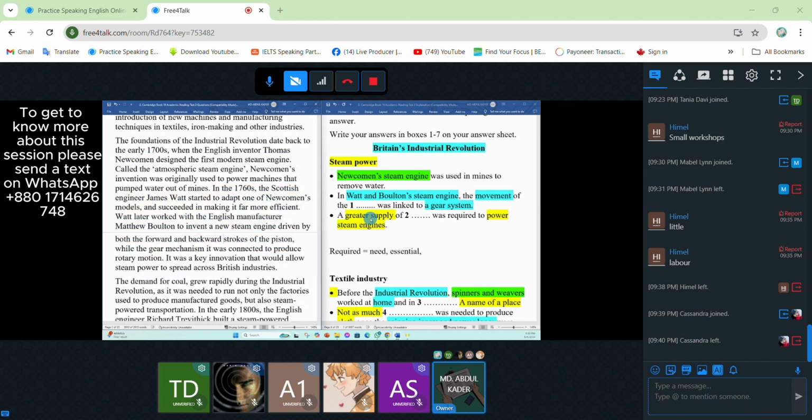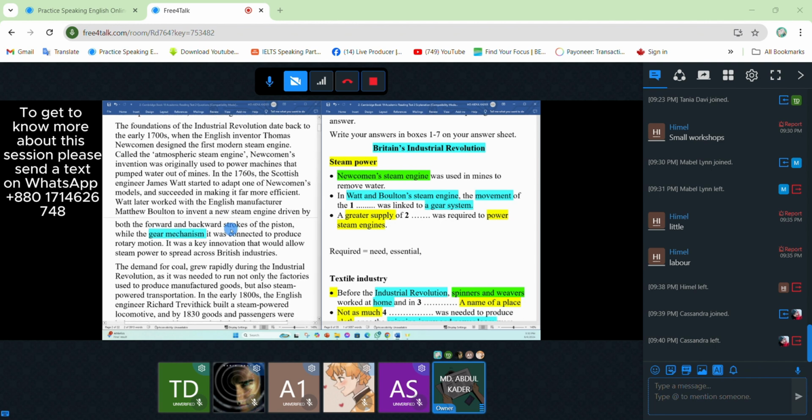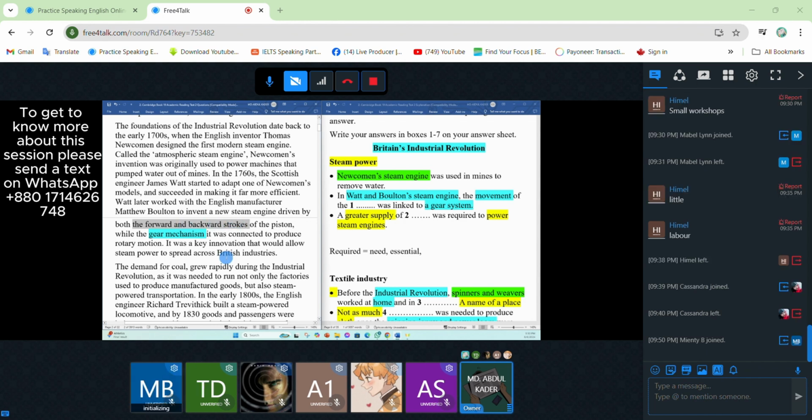Another word: the movement of something means the upward, forward and backward strokes.